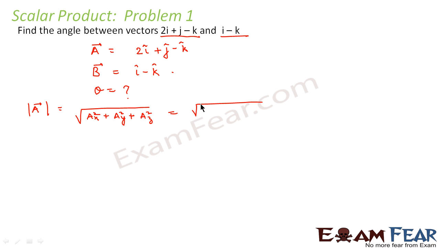What is ax in this case? 2. So this will be 2 square plus ay is 1, 1 square, plus az is minus 1, minus 1 square. So this is root over 6. Similarly, let us calculate mod of B, the absolute value of B. This will be equal to root over bx square plus by square plus bz square.